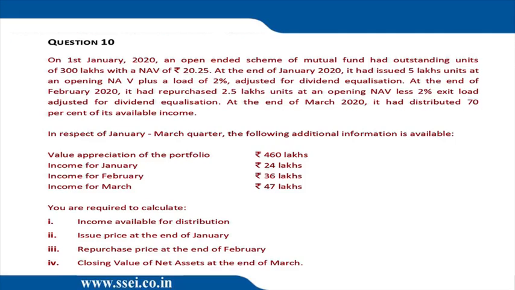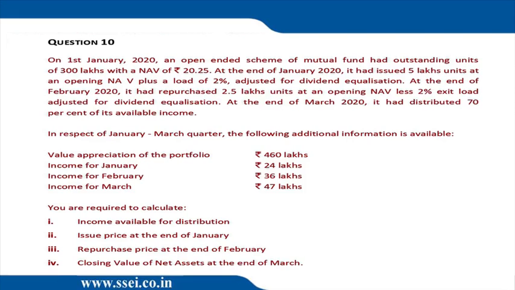So this person who is coming to buy 5 lakh units should be charged an additional 5 into 0.08, that is 0.4 lakh. Why would he be entitled to receive this income even though he was not a part of the fund when this income was earned? I think this is totally logical. So 0.4 lakh gets collected by the fund.